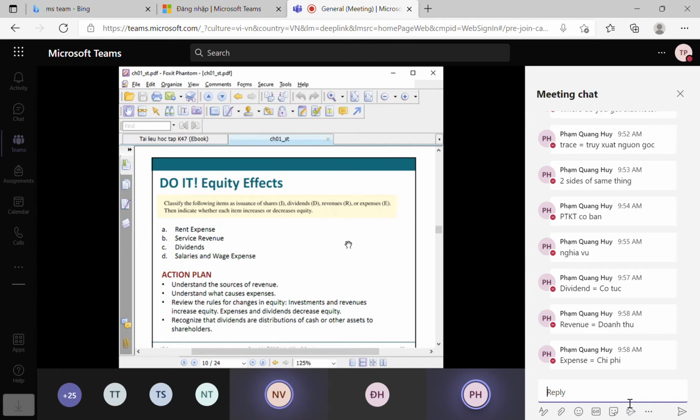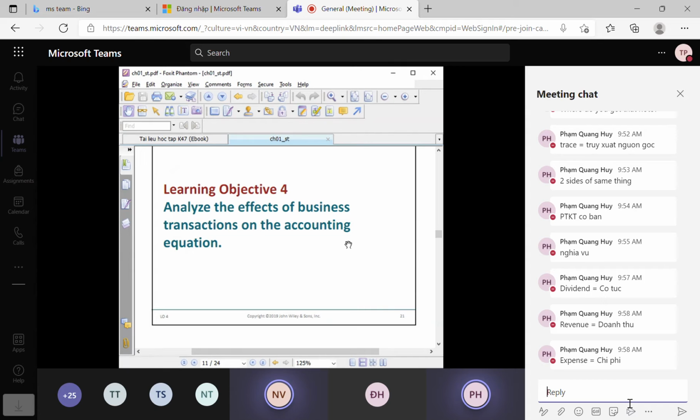Rent expense, item A, will classify to expense as well. Service revenue means revenue, right? And dividend means dividend. So dividend, expense, revenue is very easy to classify. The difficult one is the asset, it is more difficult. Okay. Any question up to now?